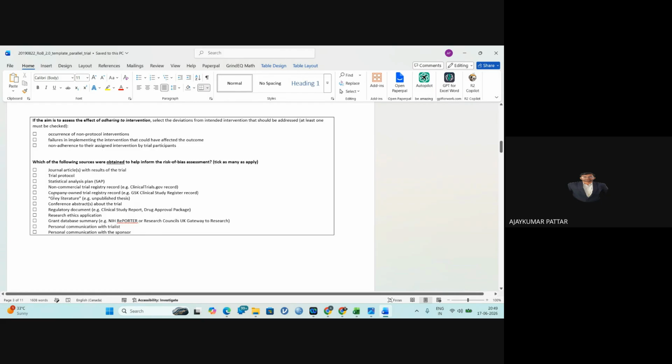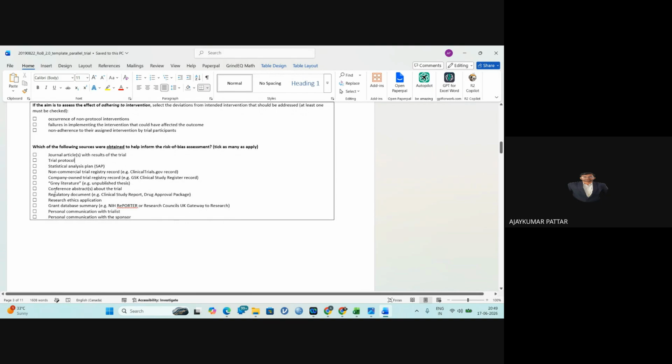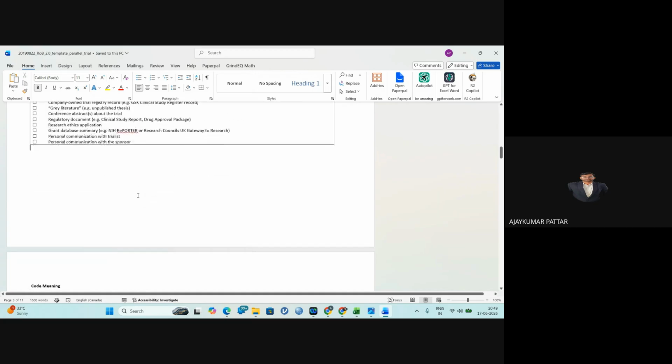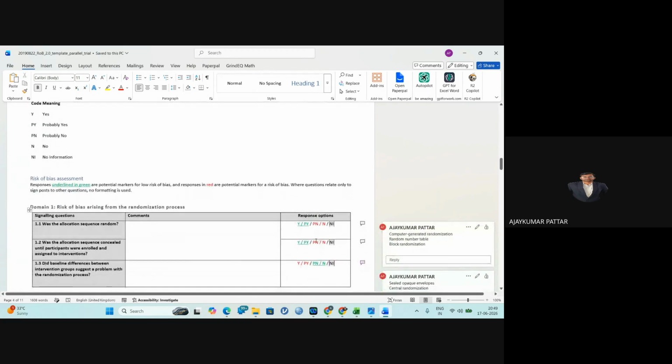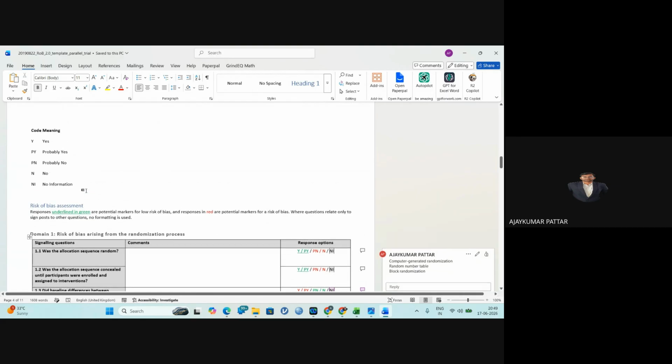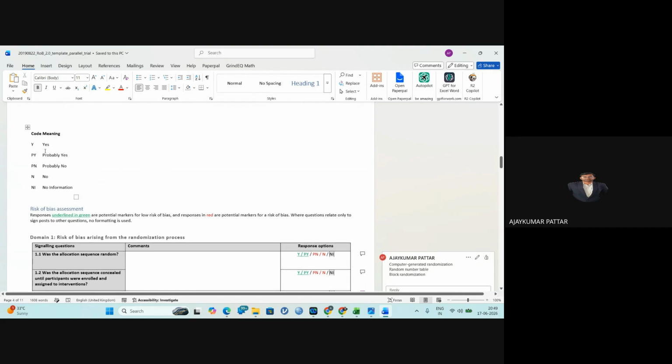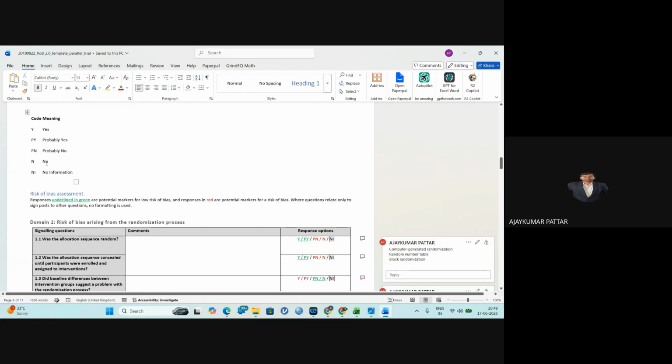If you used any thesis, conference abstracts or unpublished thesis, you have to mark here. Then these are Y, PY, PN, N and NI: Y means yes, PY means probably yes, PN means probably no, N means no, NI means no information.